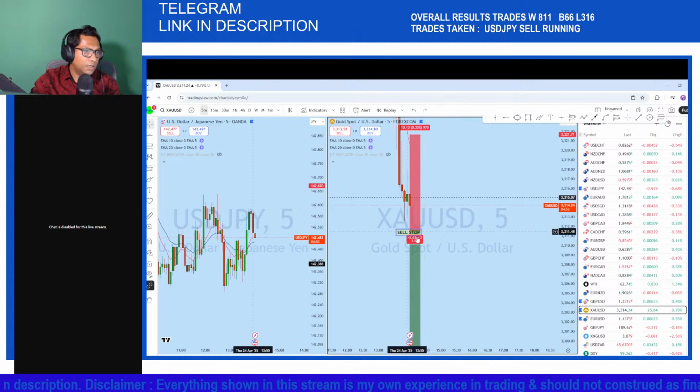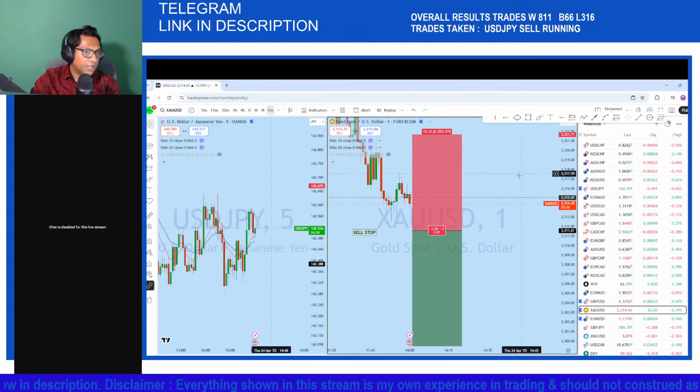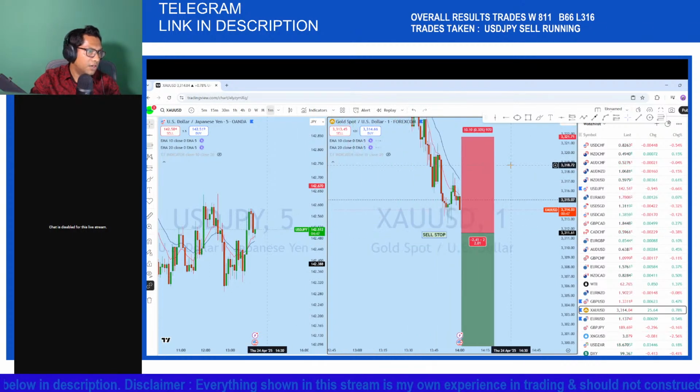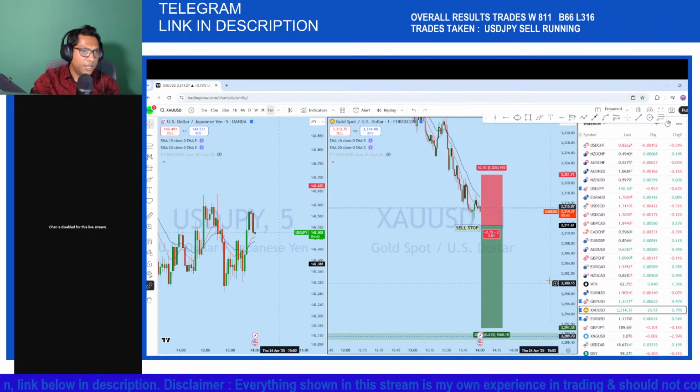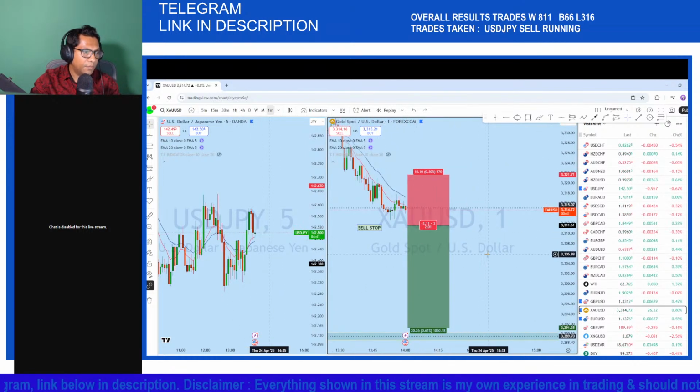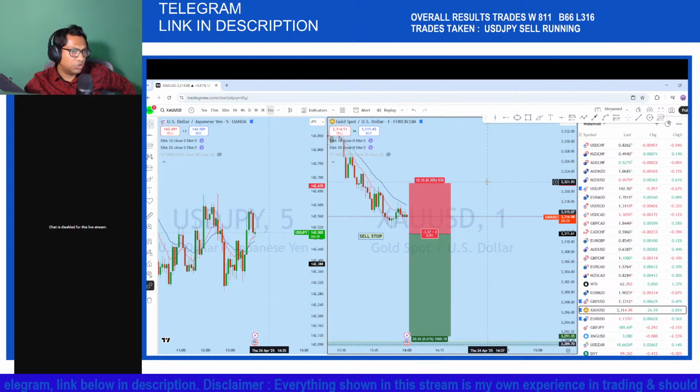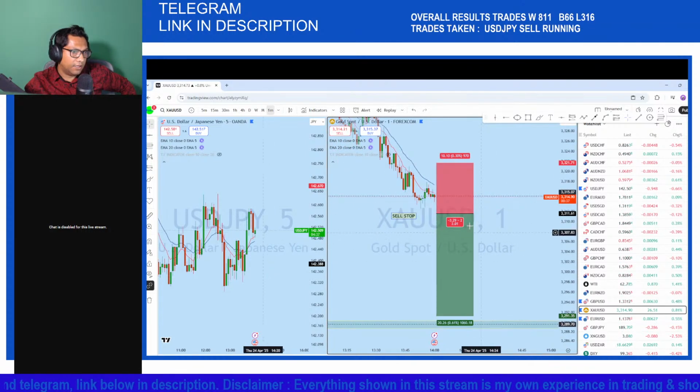So a strong breakdown is expected. Let's wait for the market to drop in that direction. Dollar yen is also running, and if this market breaks below, we will be on the trade.